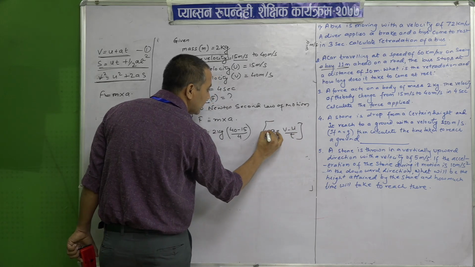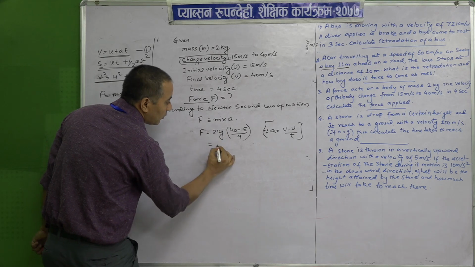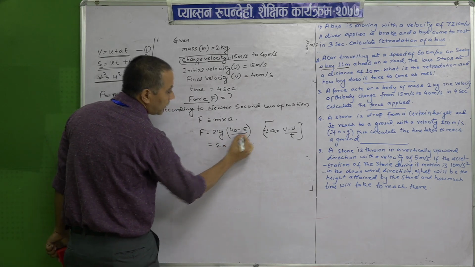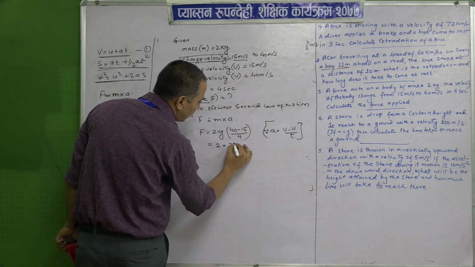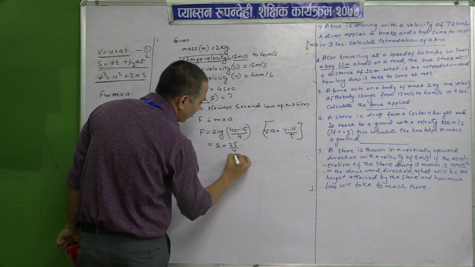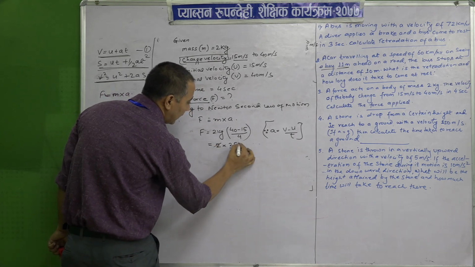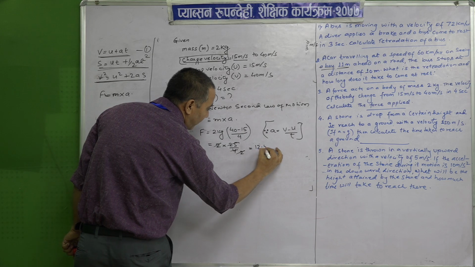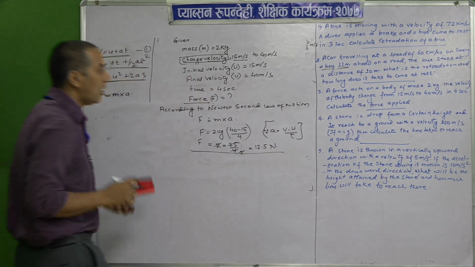So, 2 into (40 minus 15) upon 4, that is 25 upon 4, then 2 times that equals 12.5 Newton will be the force applied on the object.